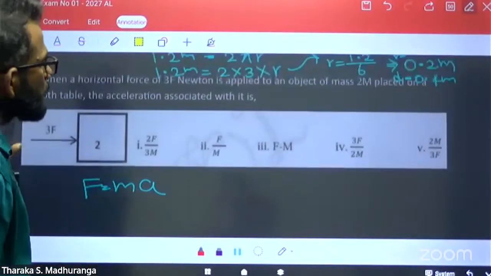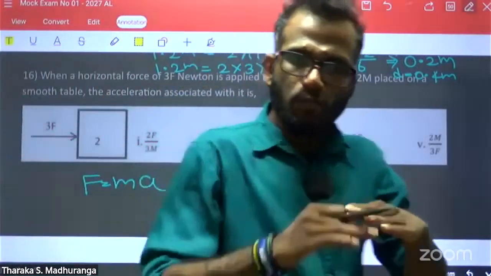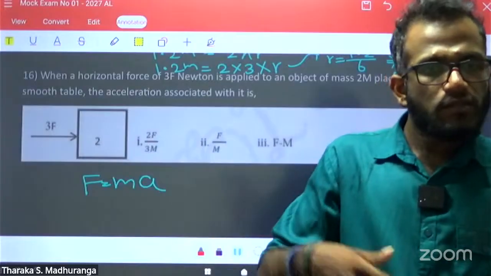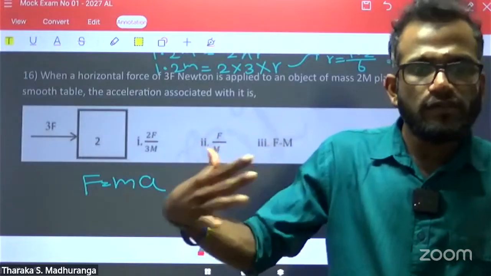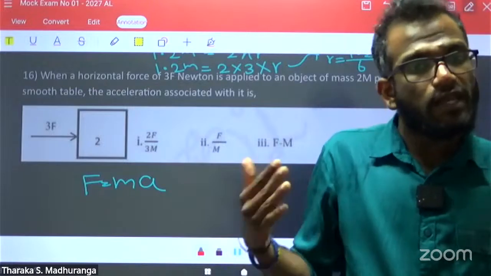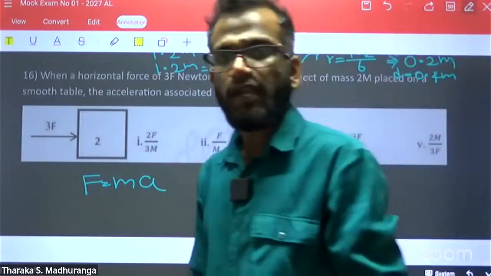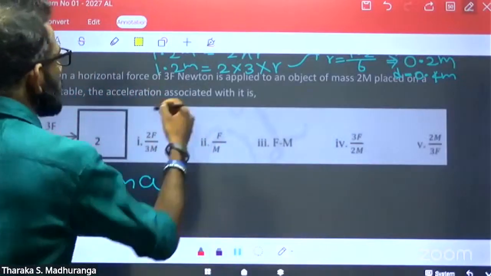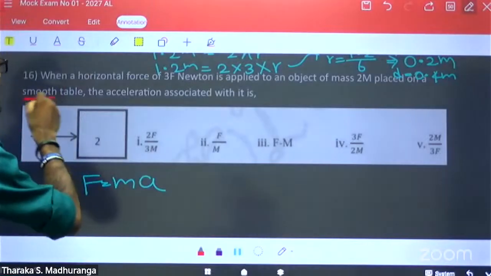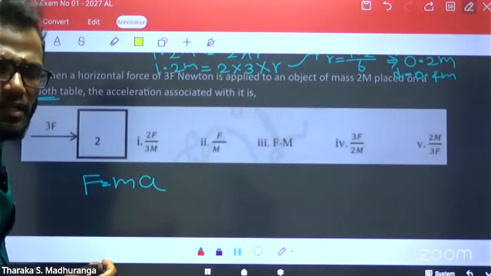If it is applied on a smooth surface, what is the meaning of smooth? Smooth means no need to consider the friction. Actually it has friction, but we can neglect it. Smooth table, then we can neglect the friction.